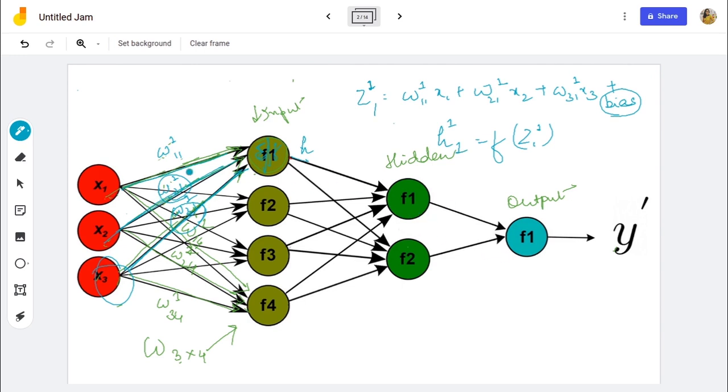So this is how it happens for the first one. So the same thing will happen for the second one again. Second one, Z superscript 1, second node. Let me just clear this first.